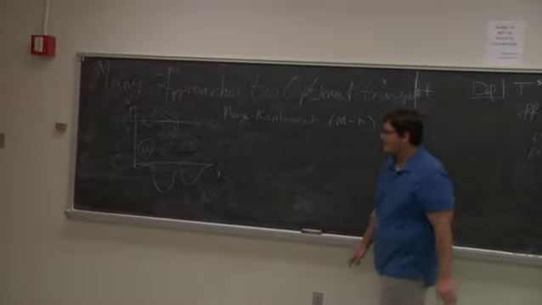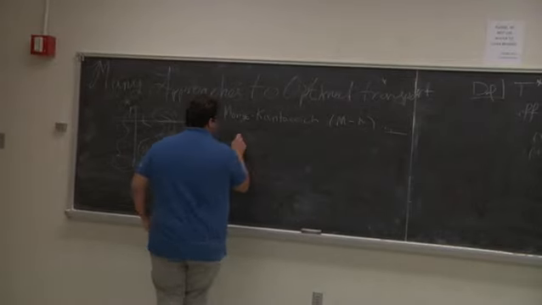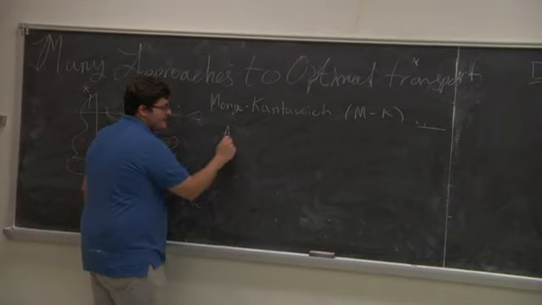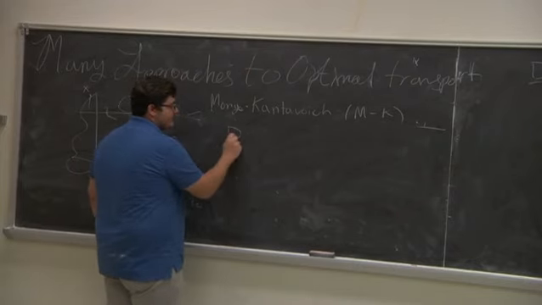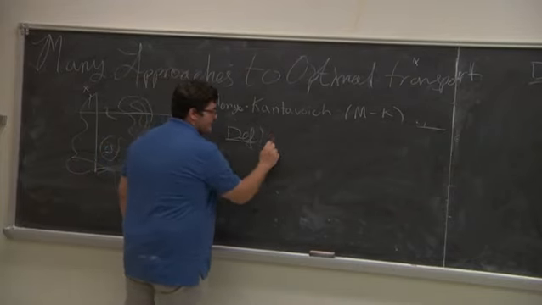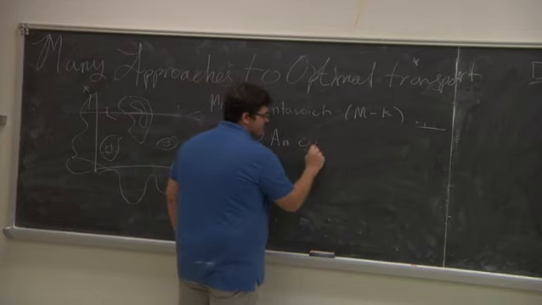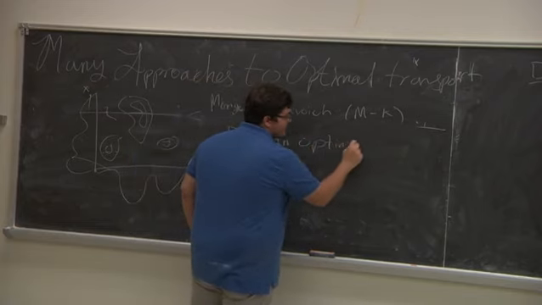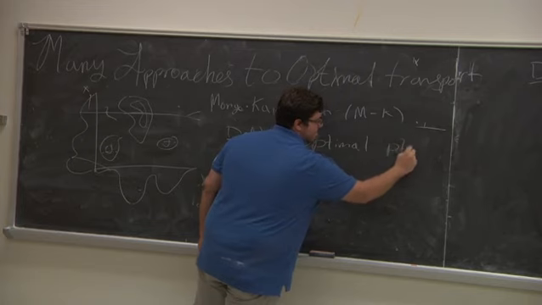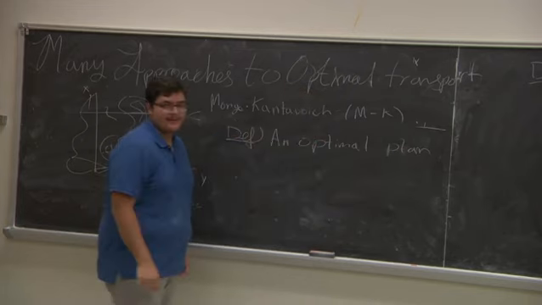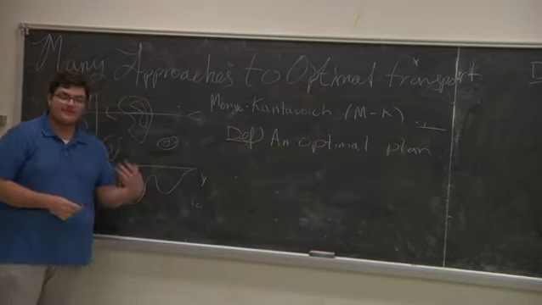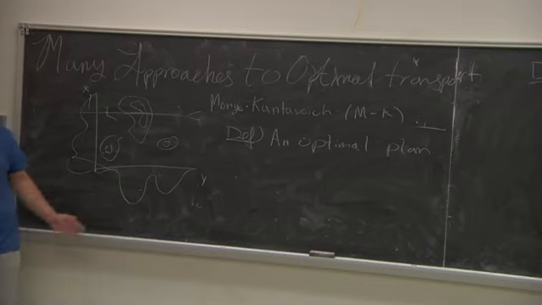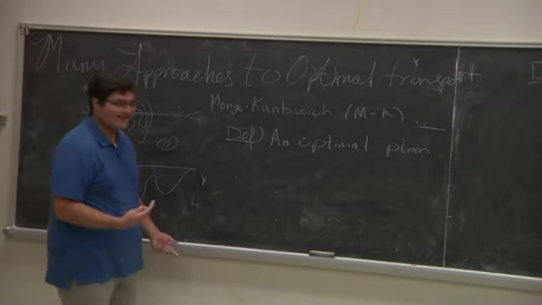So let me just write out a little bit of that. So let me define this. Definition. An optimal plan. Remember before we had optimal maps, but this is bigger than a map, it's a plan, just by analogy.